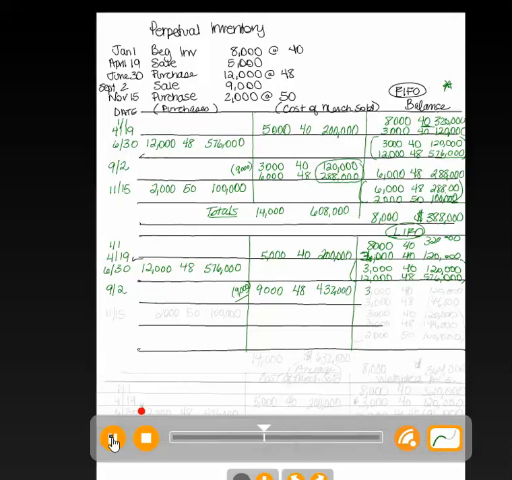So once again, I have 2 layers of inventory. I still have the first layer, 3,040 units, and now I have 3,048 units. So I'm going to multiply that out. 3,000 times 40 is 120,000, and 3,000 times 48 is 144,000.